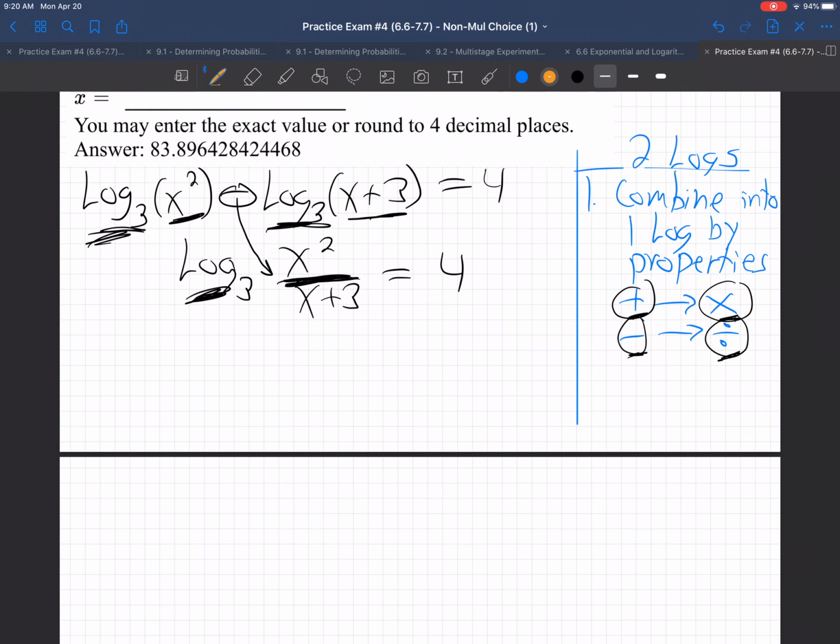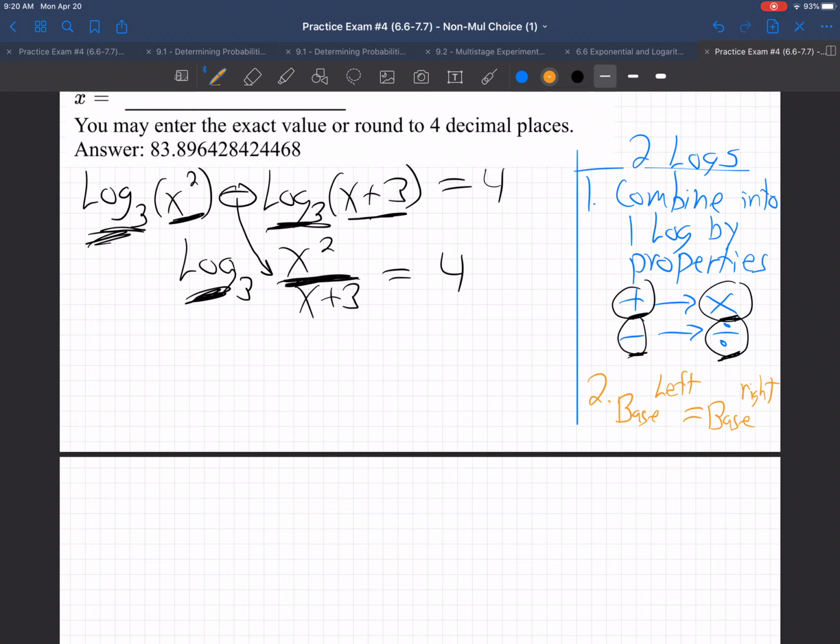Let's go on. Step 2 is, how do we get rid of that log? You're going to go base to the left equals base to the right.